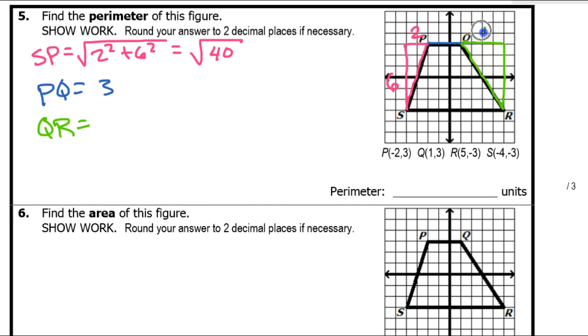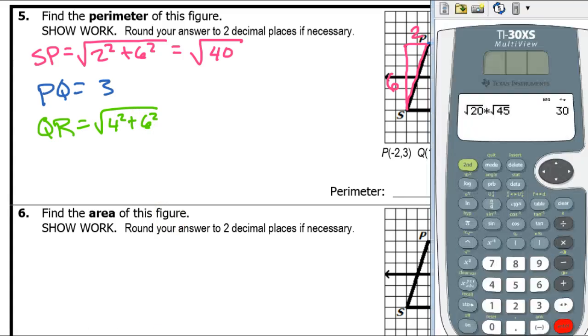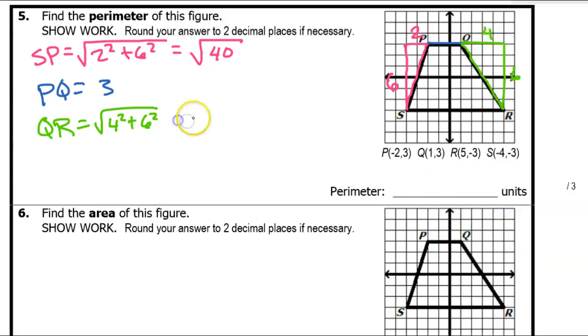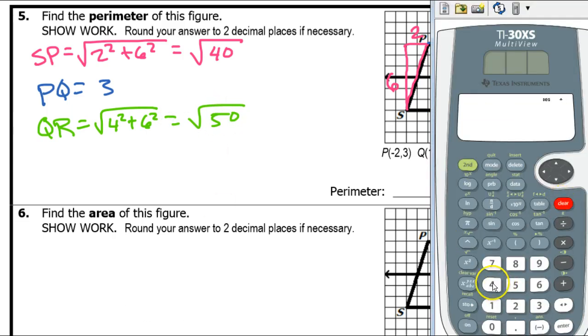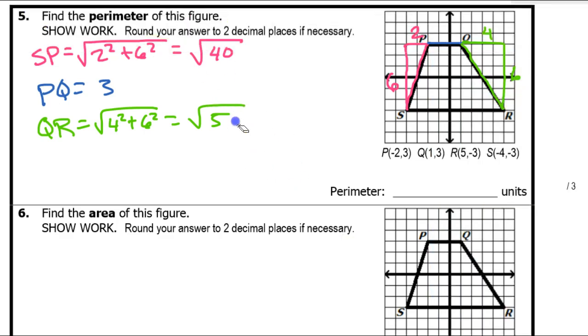Horizontally it's 4, and vertically it is 6. So that's going to be the square root of 4 squared plus 6 squared. I think it's the square root of 50, but let me be sure. 4 squared plus 6 squared is 52. I was a little off, which is why I check. So square root of 52.